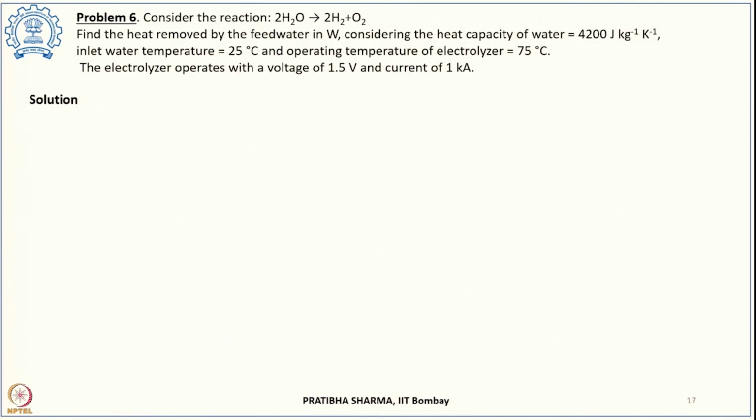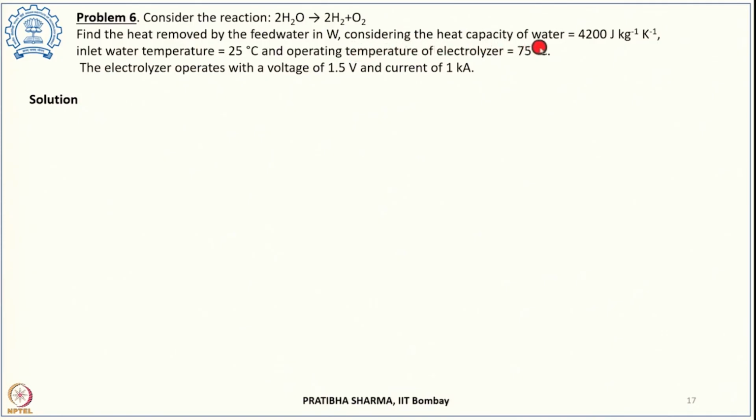So the last problem that we will do today is the reaction for water splitting into hydrogen and oxygen, which takes place in the electrolyzer. It is considered that the feed water is used to remove the heat, and the amount of heat which is removed by the feed water we have to find out in watt.